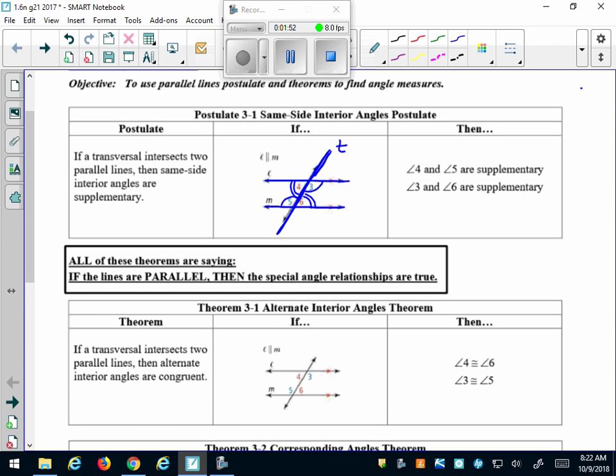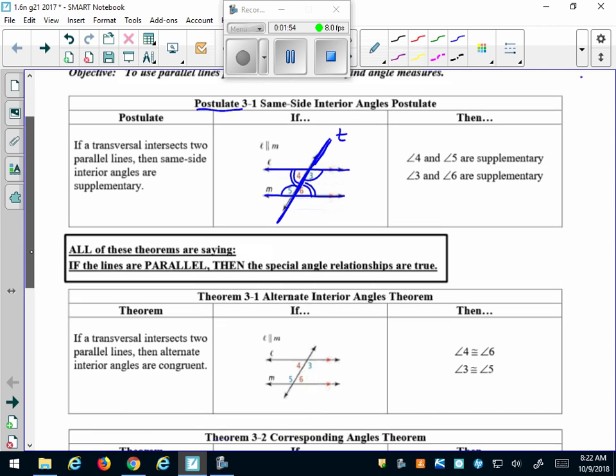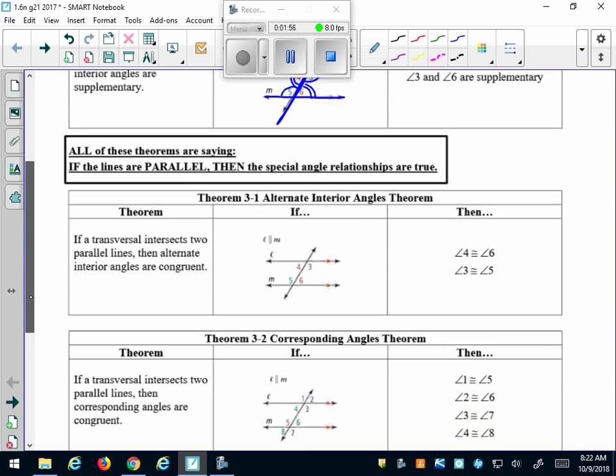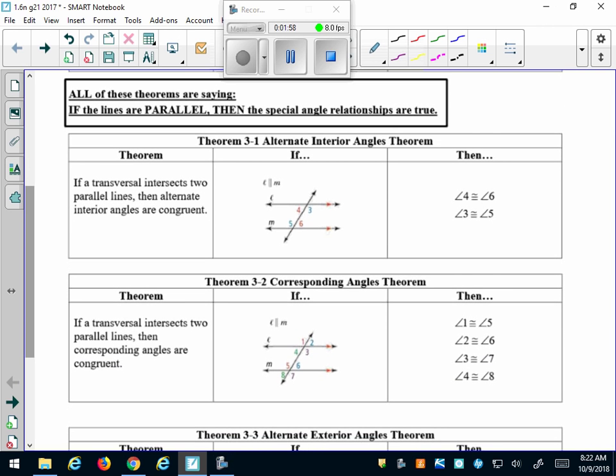Notice it's a postulate because we need one of these statements to be a postulate, because then we can use that particular statement that we accept as being true to then prove the other ones, and the rest of them become theorems. We'll explore that a little bit more at another time.